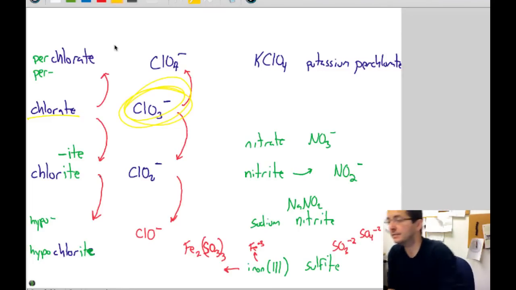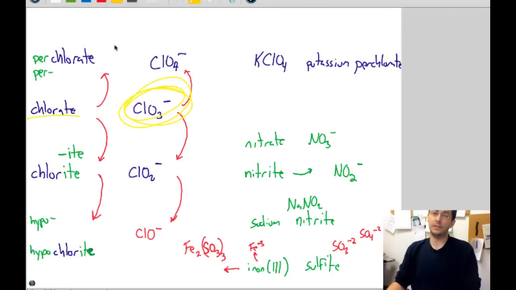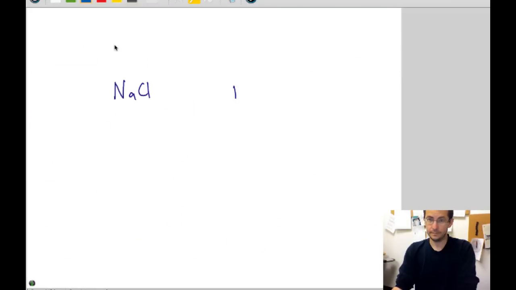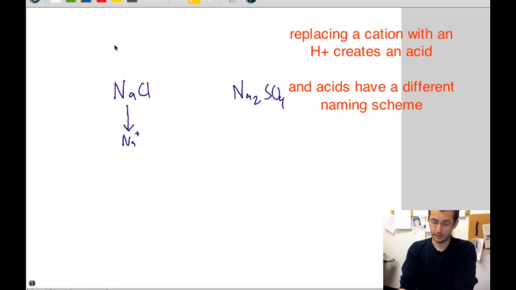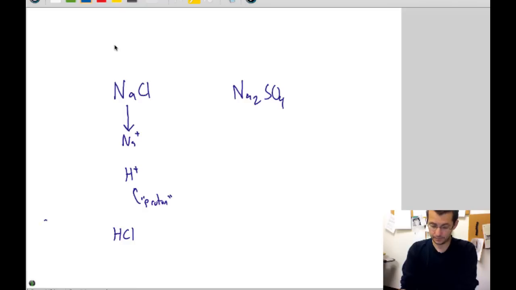Now, it turns out that there's one other feature. You can take any anion or any salt, and if you replace the sodium, the cation, with a proton, H+, or the hydrogen ion, you generate acids.